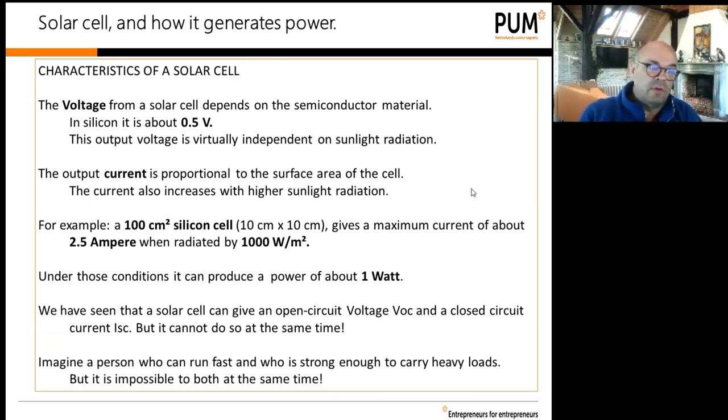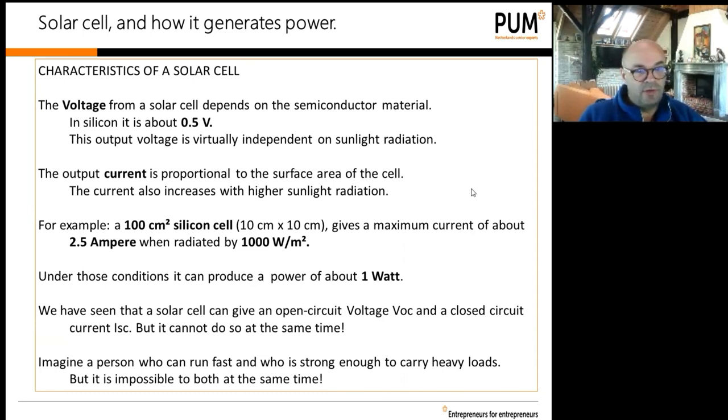Next to that, I told you also the current is proportional to the surface area of the cell. So if the cell is 10 times bigger, then the current is also 10 times bigger. So for example, if you have a 100 square centimeter silicon cell, 10 by 10 centimeter, it will give a maximum current of about 2.5 amperes when the radiation is normally 1000 watt per square meter.